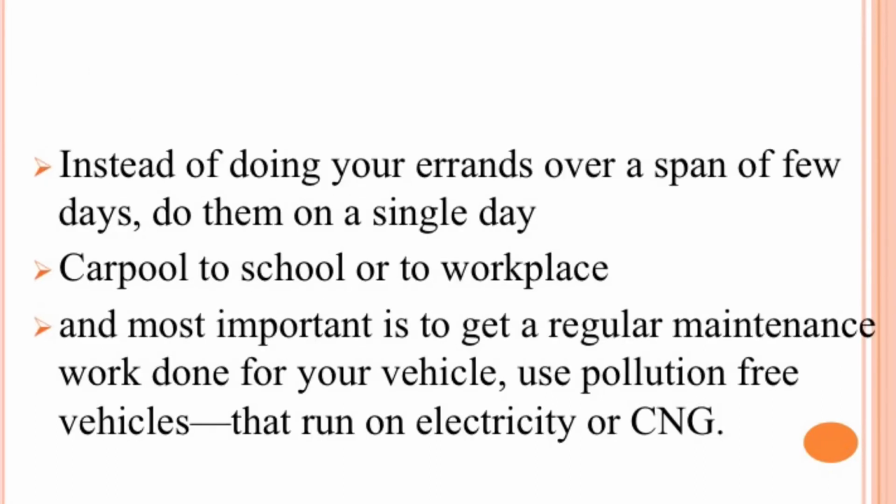Instead of doing your errands over a span of few days, do them on a single day. Carpool to school or to workplace. And most important is to get a regular maintenance work done for your vehicle. Use pollution-free vehicles that run on electricity or CNG.